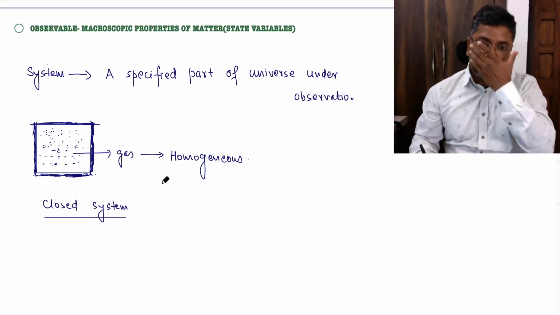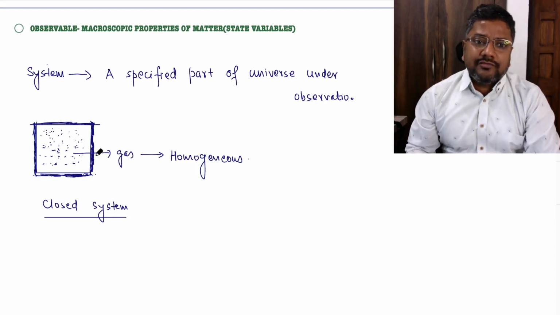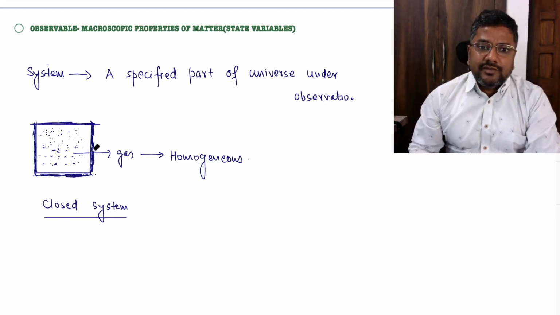Now see, this is the simplest example of a system, in which we have taken a gas, a homogeneous system.